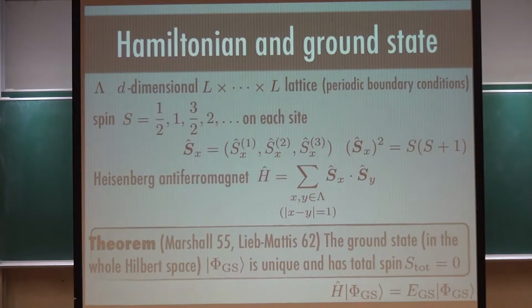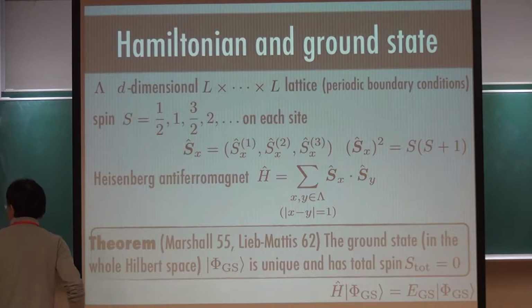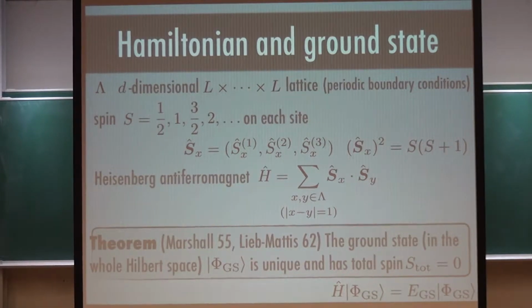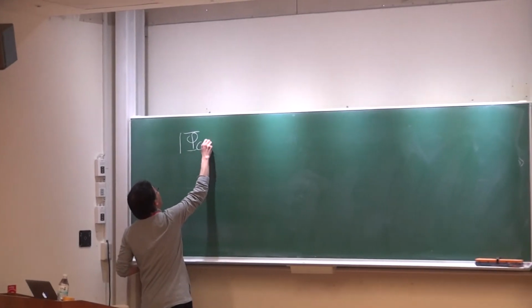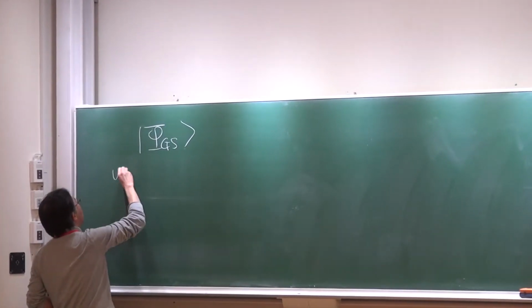And this is now an easy theorem. You can just apply the Perron-Frobenius theorem to this problem, and you will automatically get this. But this is a basic theorem. So the ground state is unique. I also love black here, so let me write. This is the unique ground state.